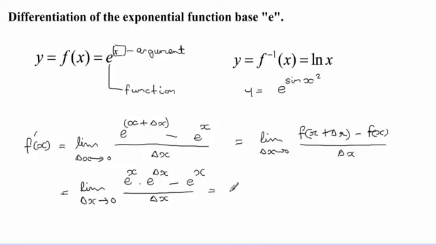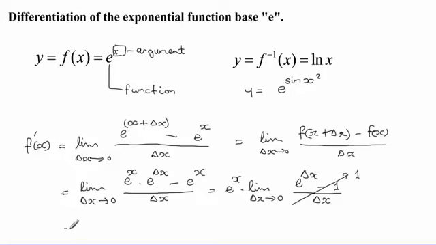So we can write it as e to the power of x multiplied by the limit as delta x approaches 0 of e to the power delta x minus 1, all over delta x. Maybe you have seen this limit before, or you haven't, but if you haven't, you can try this. This limit is actually going to tend to 1.